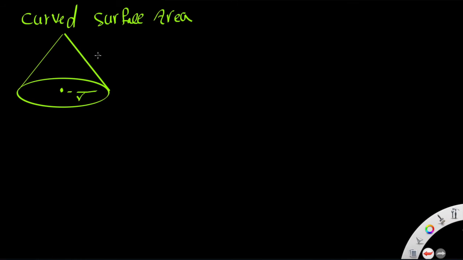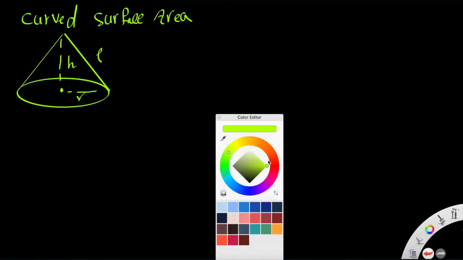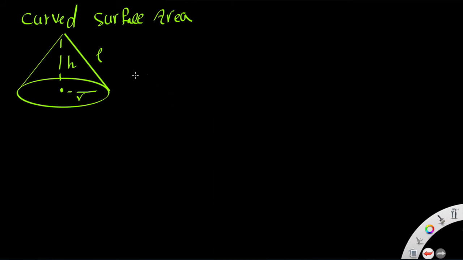It is R, it is slant height, and it is height. Now, curved surface area will be obtained by the formula pi r L, where L is slant height.